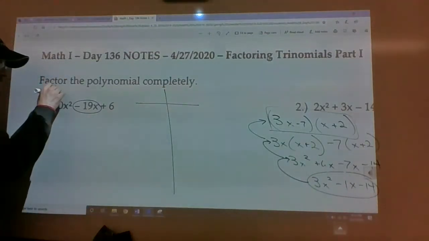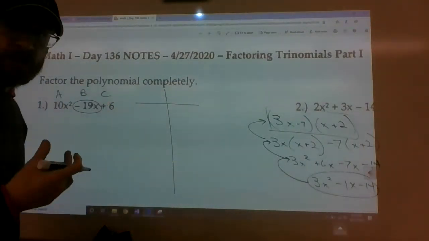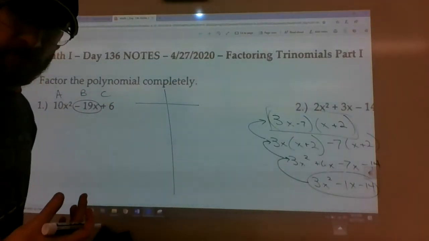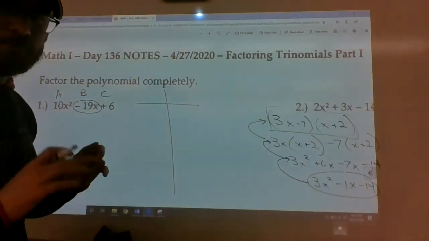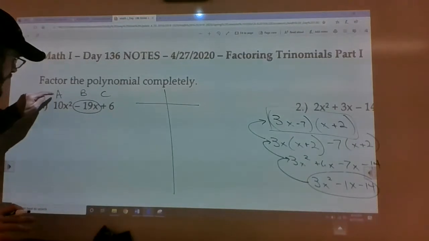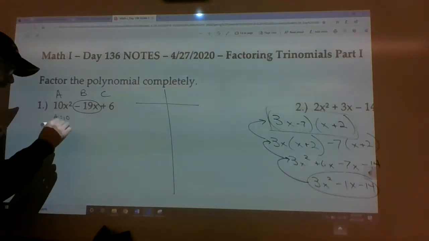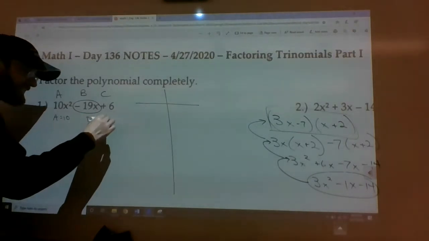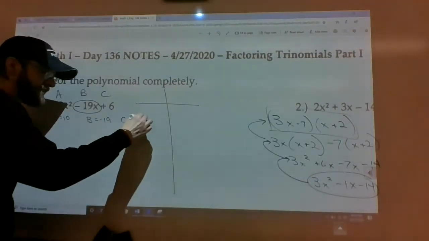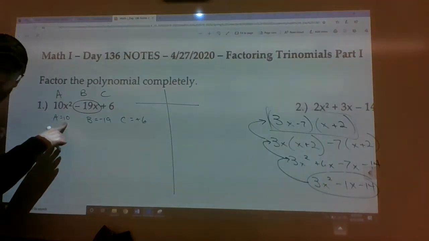AC, every quadratic 3-term polynomial that has this, you know what, I'm not going to explain that too much right now. Just recognize that your A term is 10, your B term is negative 19, and your C term is 6. This is the leading coefficient.